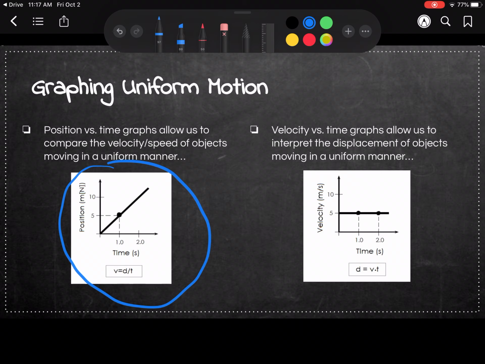A velocity time graph allows us to interpret the displacement of objects moving in a uniform manner. So if we have our velocity on the side and our time on the bottom, that's like distance or displacement is equal to velocity times time, and we can see what the velocity is over time. Something that's uniform in this type of graph would be a straight line, and something that's uniform in this type of graph would be an upward line. Okay.